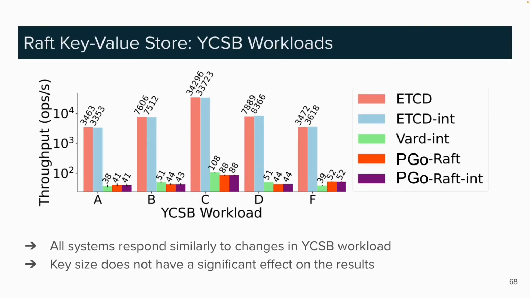First, we ran all of our key value stores on the YCSB workloads we support, and we measured throughput in operations per second. You'll notice that all the systems responded quite similarly to the different workloads relative to each other.